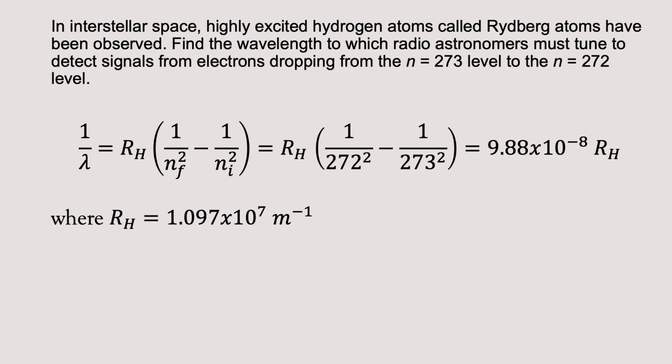Here, we plug in the energy levels. So we have 1 over lambda, the wavelength, equal to R_H, the Rydberg constant, which is 1.097 by 10 to the power of 7 per meter, times 1 over 272 squared, your n_f, minus 1 over n_i squared, where n_i is the 273 energy level.